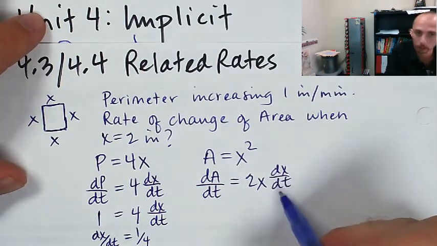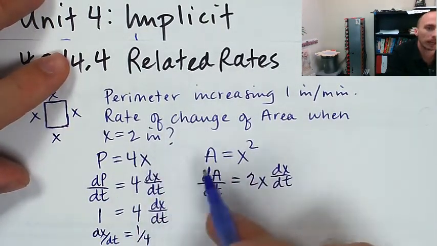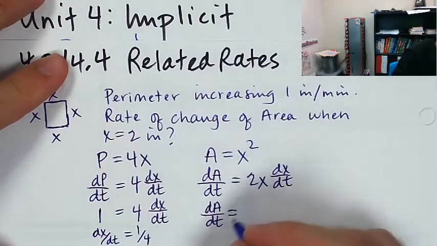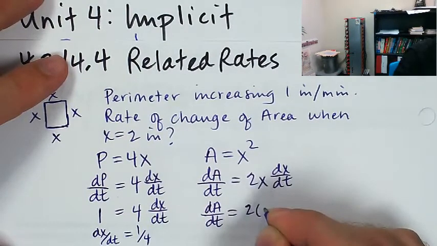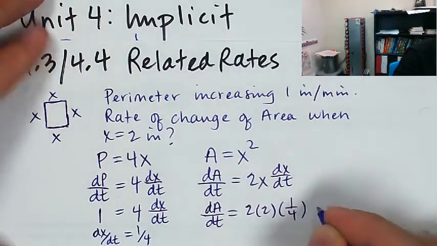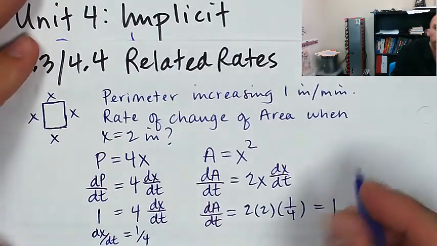That's the derivative of x with respect to t right there. So at the time when x is equal to 2 inches, dA/dt, the rate of change of area with respect to time, is going to be 2 times 2 times dx/dt, which is 1/4. So it appears that the area is increasing 1 square inch per minute.